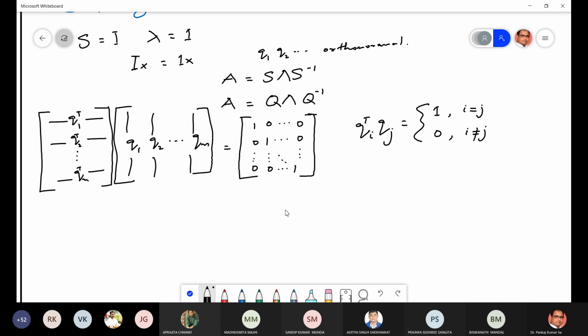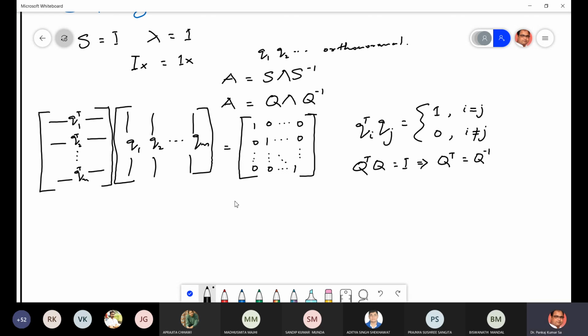Basically, Q transpose Q is equal to I, or Q transpose is equal to Q inverse.